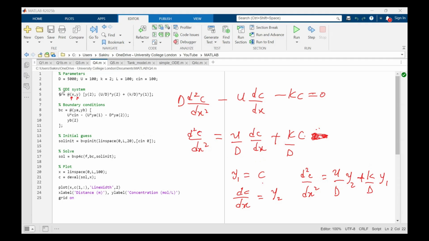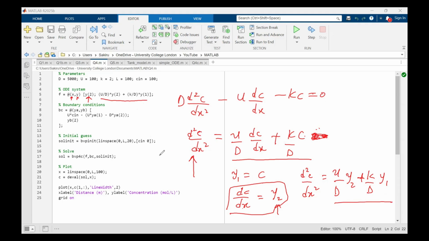Again, the ODE function will return the first order derivative, which is y2, and then the second order derivative, which is equal to that. So the second order derivative is equal to u over D y2 plus k over D y1.